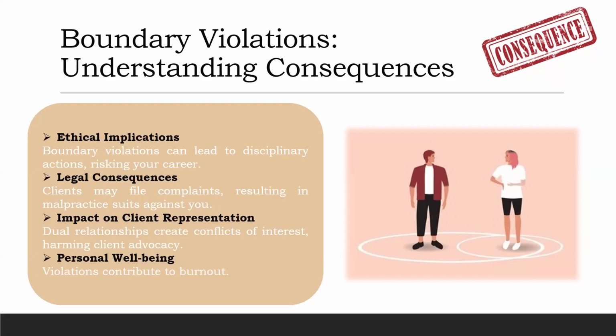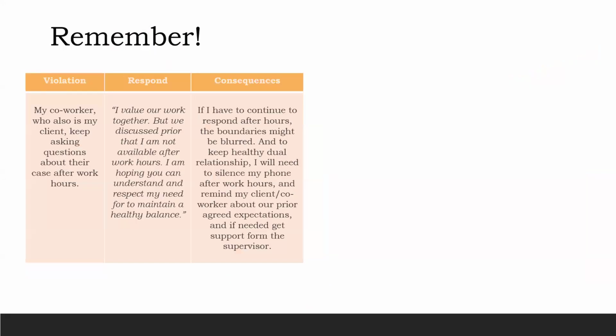And here we can see a short example of a violation, like when your coworker is also your client and they keep asking questions about their case after work hours. A response here can be something like, "Oh, I value our work together, but we discussed prior that I am not available after work hours. I am hoping you can understand and respect my need to maintain a healthy balance."